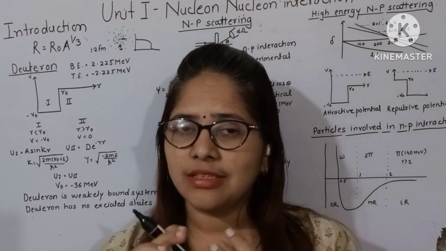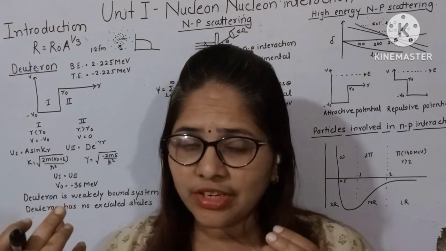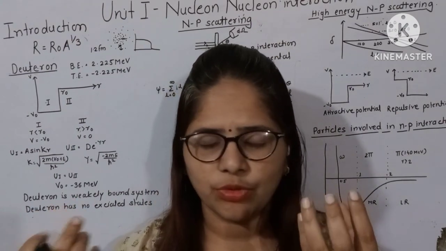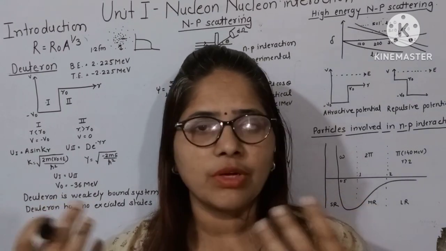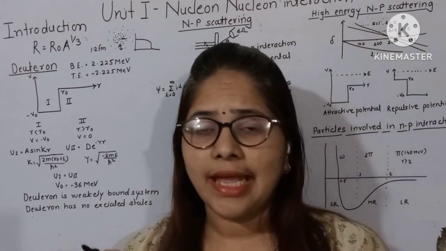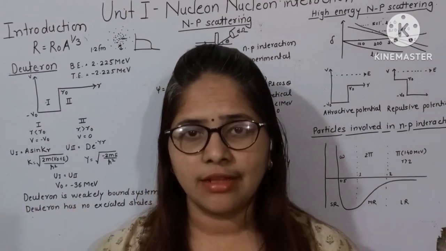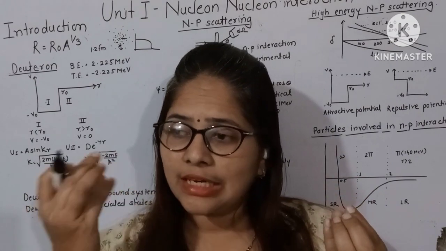That distance is called R naught. Whether it is a proton and neutron, two protons, or two neutrons, whatever pair it is, it is called a nucleon interaction, NN interaction.